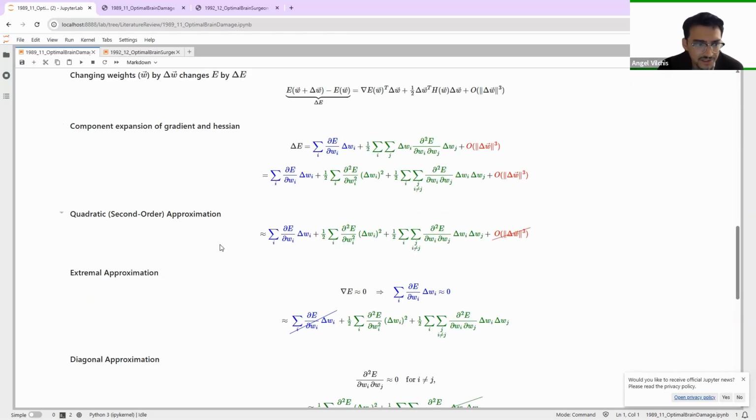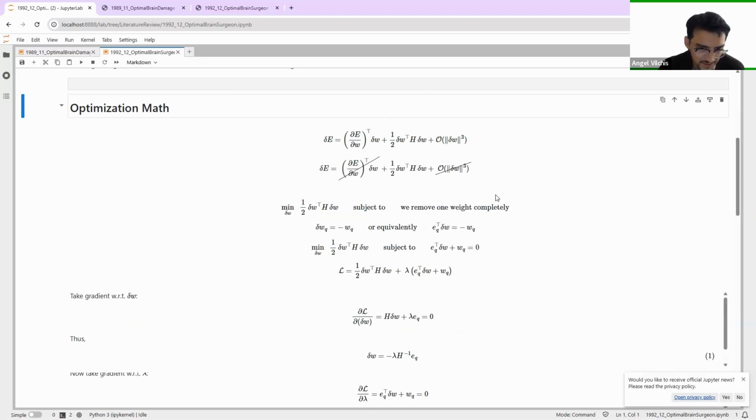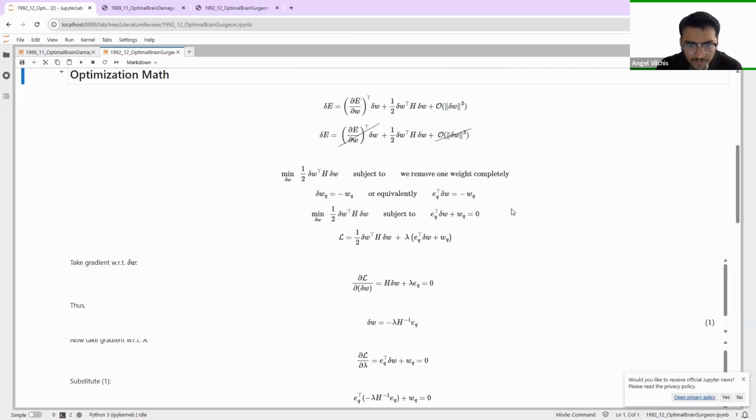So if we go back here, that's just these two. This is the quadratic approximation, and this is the extremal approximation. The only thing is that we don't apply the diagonal approximation. Again, this is done for more accuracy.